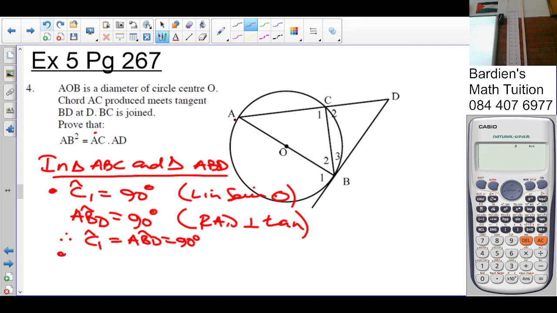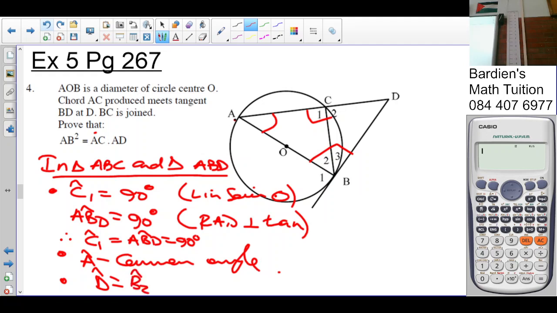Okay. So we're saying that is 90 and that was 90. Then angle A is a common angle. So in conclusion, this angle D of the big triangle is equal to angle B2 of the small triangle, not so? Why?